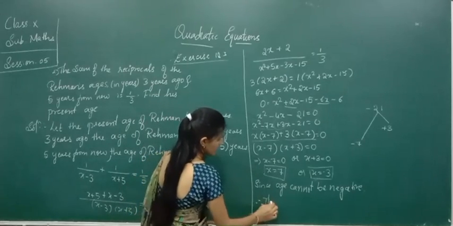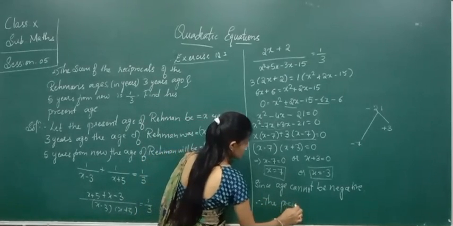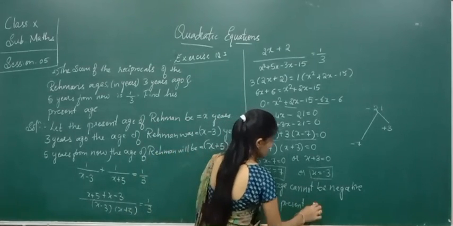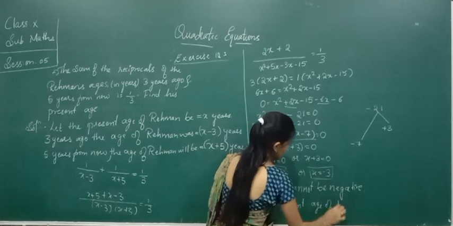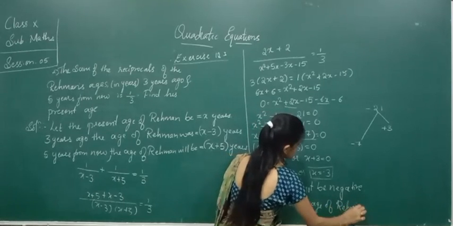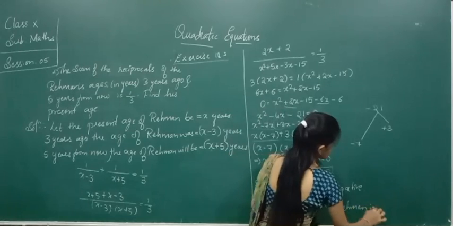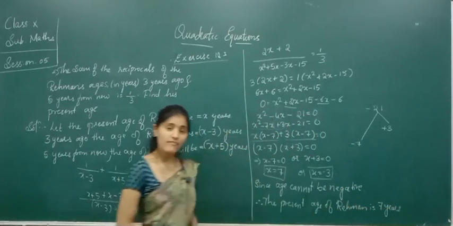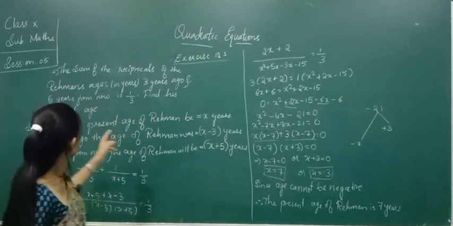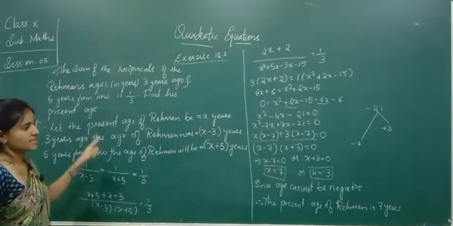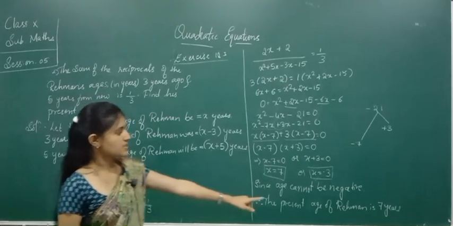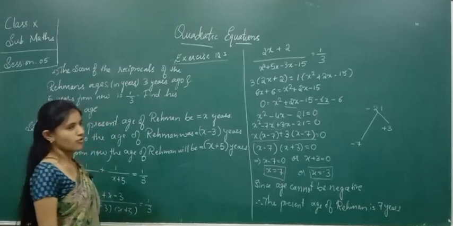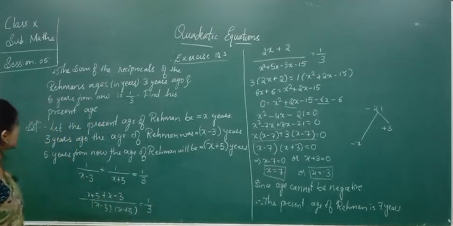Therefore, the present age of Rahman is 7 years. What have they asked us to find? They asked us to find his present age. Therefore, we found the present age of Rahman, which is 7 years. I hope you have followed this problem. Let us proceed to the next one.